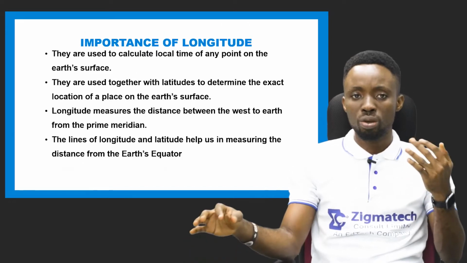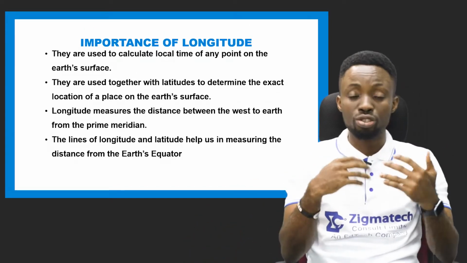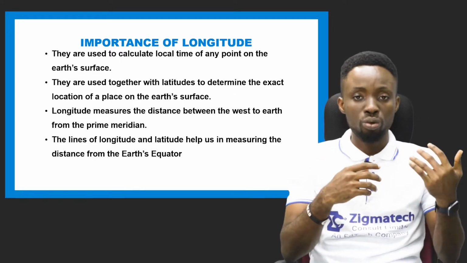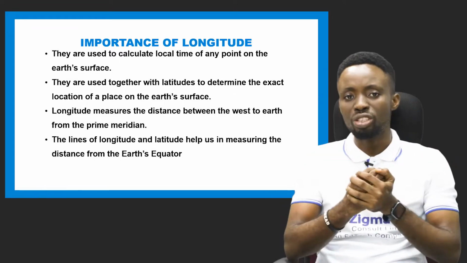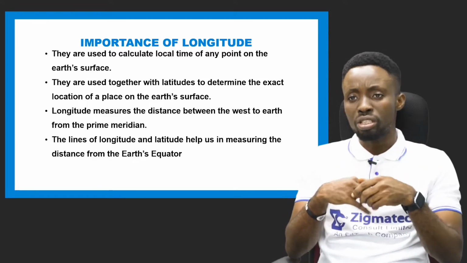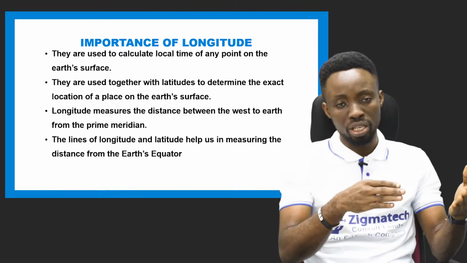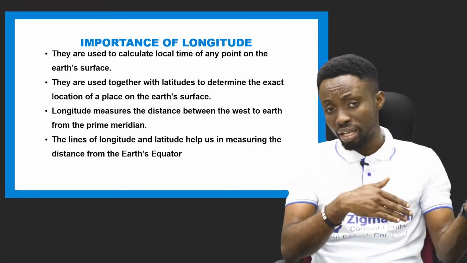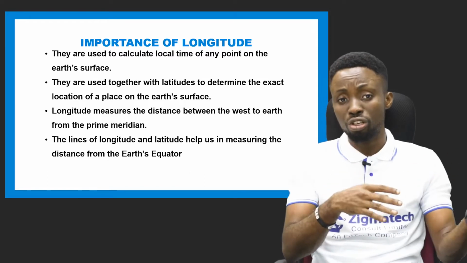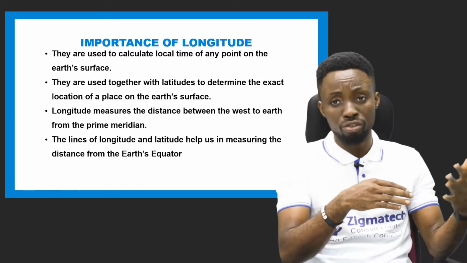So let's look at more relevance or importance of longitude. The next one we have is that we use longitude to calculate local time of a place. Remember I said we are looking at the importance of latitude and longitude. So for longitude, we use it for calculating the local time of a place.